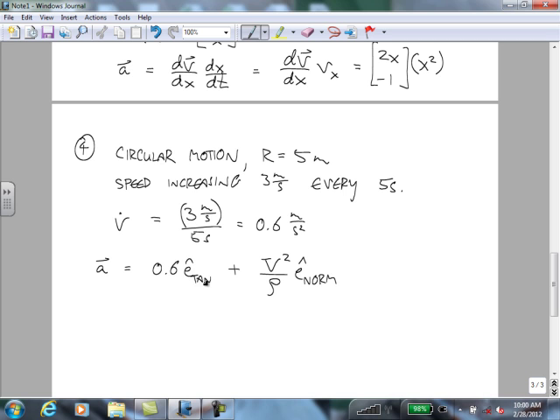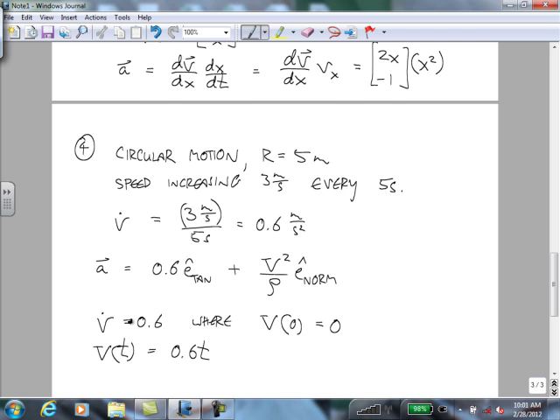What do we do with that 1 over rho? Well, what do we do with the v? We know that v dot is equal to 0.6, where the speed at 0 is equal to 0.